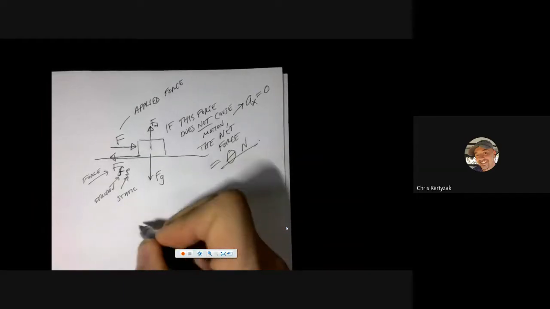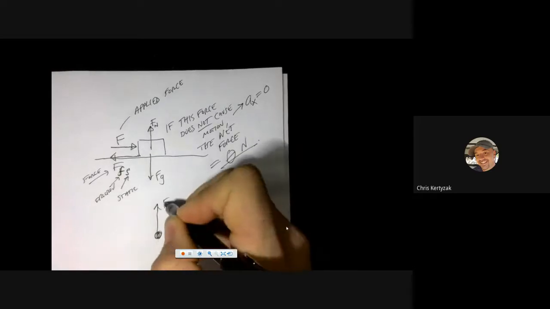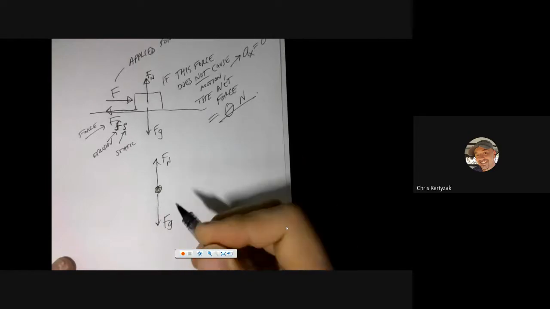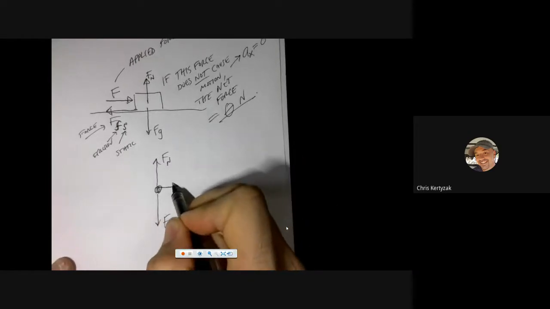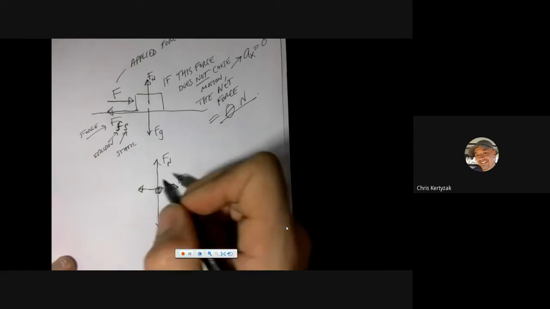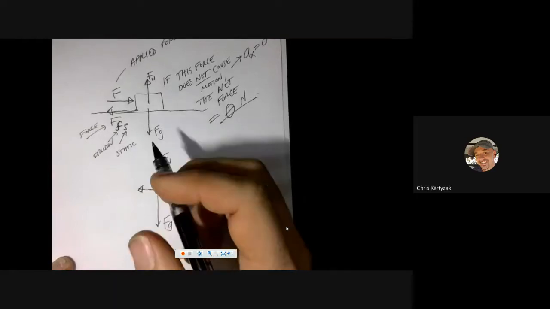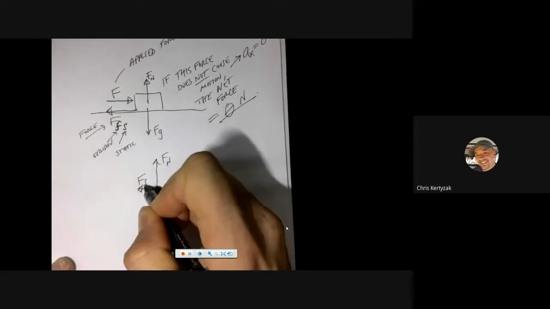So my point is that if I drew a free body diagram for the scenario, the normal force is up, the gravity force is down. The force being applied to the right might be called F, while there's a frictional force preventing this thing from moving, the snagging effect, like I told you, in those little holes and little hills. It snags, it catches. And that's providing a resisting force, saying you're not going to move this to the right unless you're strong enough to overcome me. And that's what we're going to talk about in a moment. This would be FFS.